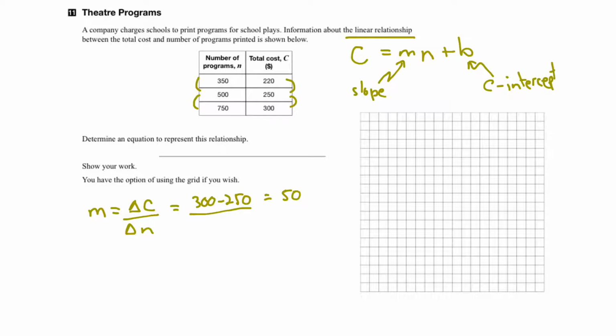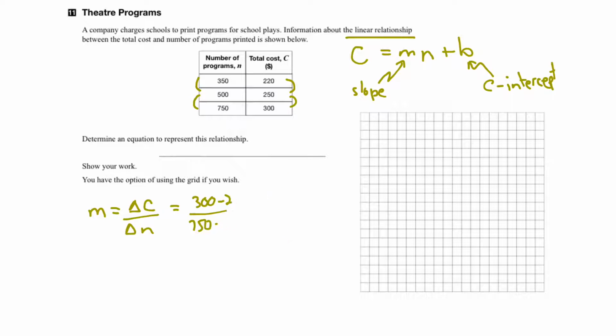And then to get from 500 to 750, it would be 750 minus 500, or 250 programs. Again, we can cancel the zeros. 5 goes into itself once, 5 goes into 25 5 times. We end up with the same rate of change.